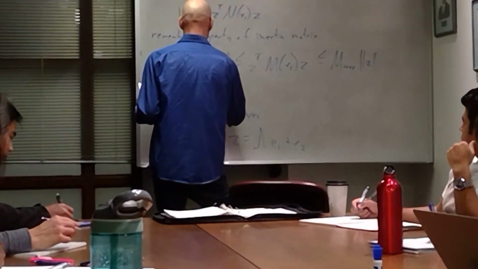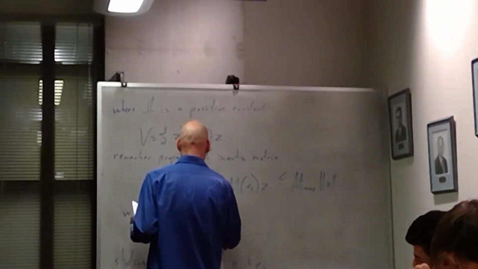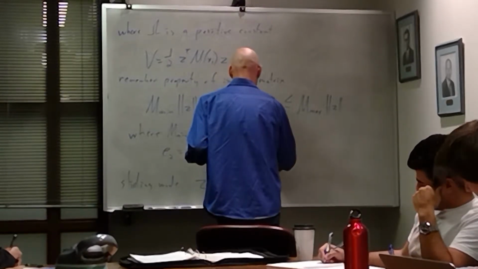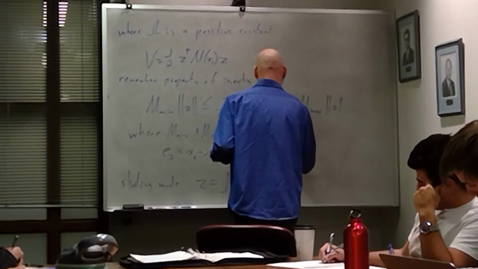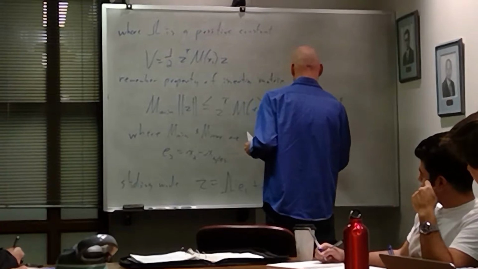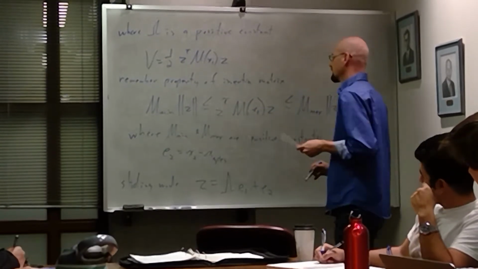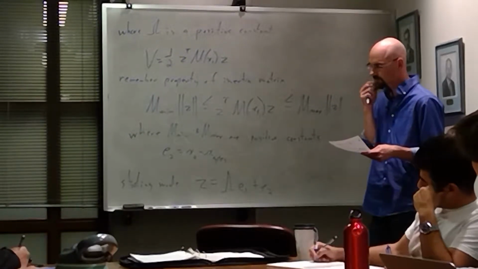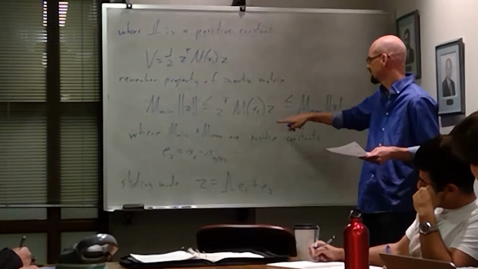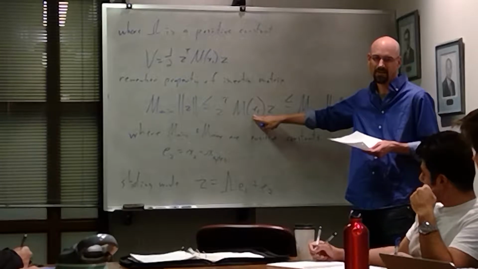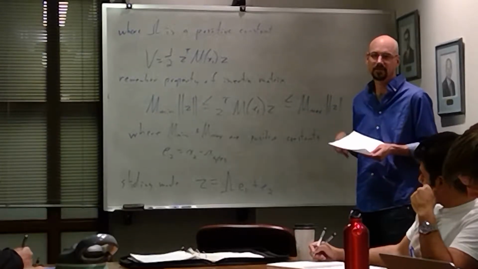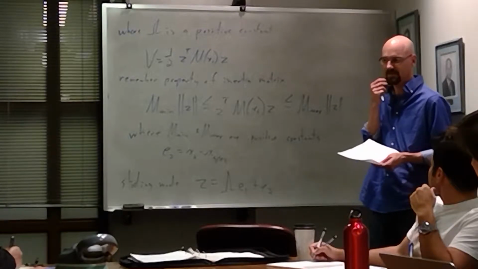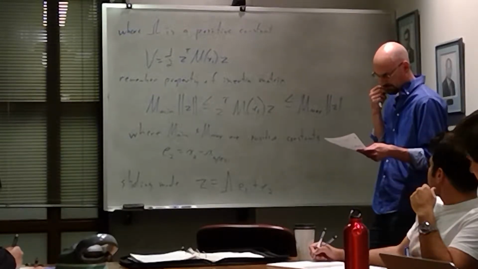So M min and M max are positive constants. Basically because M has a cos X1 term in there, it's not like there's X1 squared in there. So basically the effects are bounded.